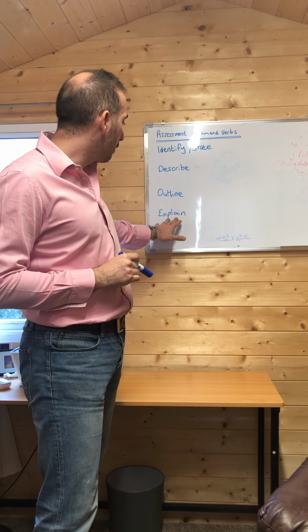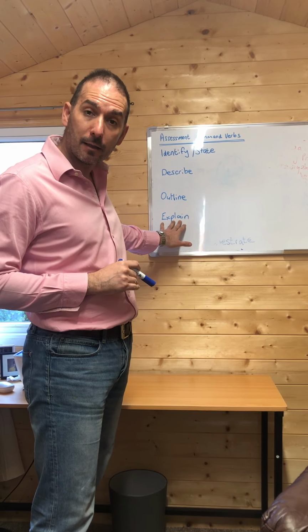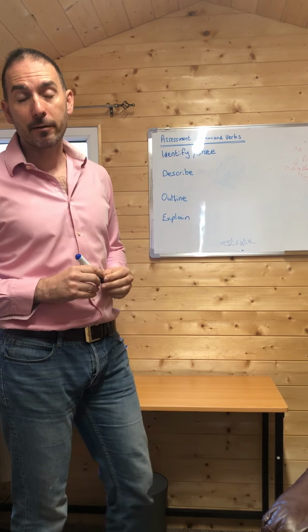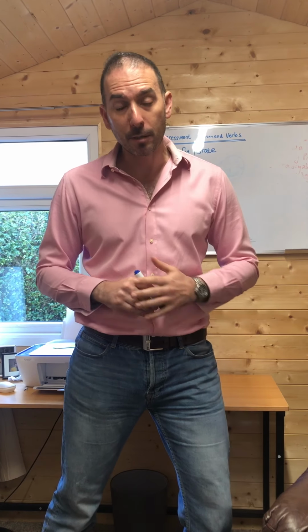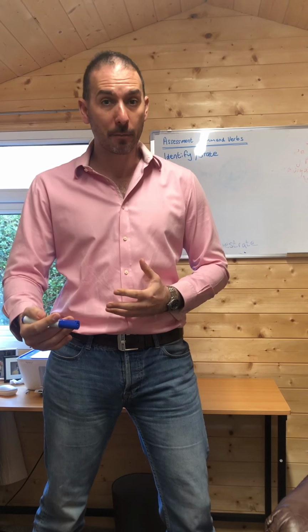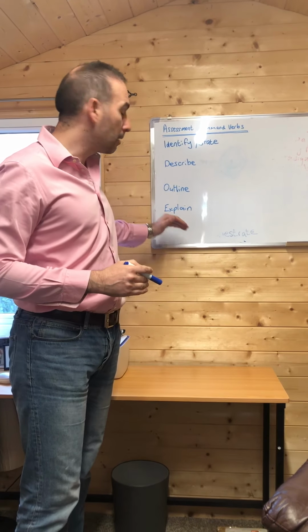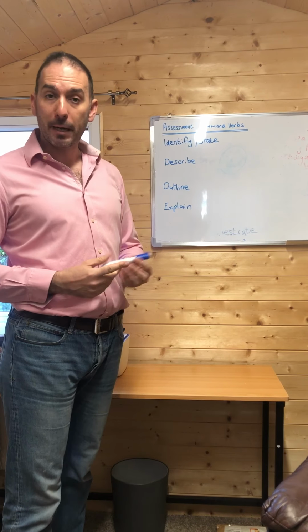And then the most detail you'd be asked to provide would be when you're asked to explain. Over half of the assessment criteria for this unit, regulation and compliance in the UK water industry, will ask you to explain something.